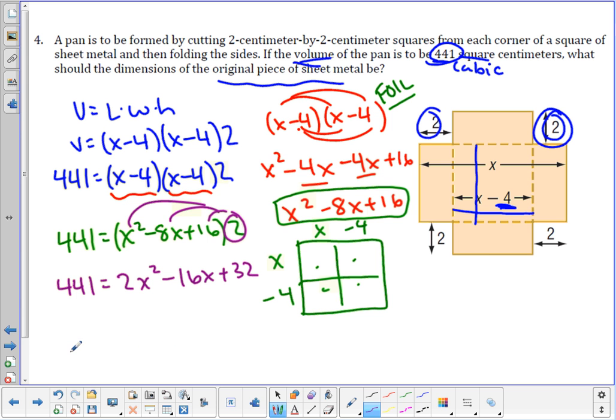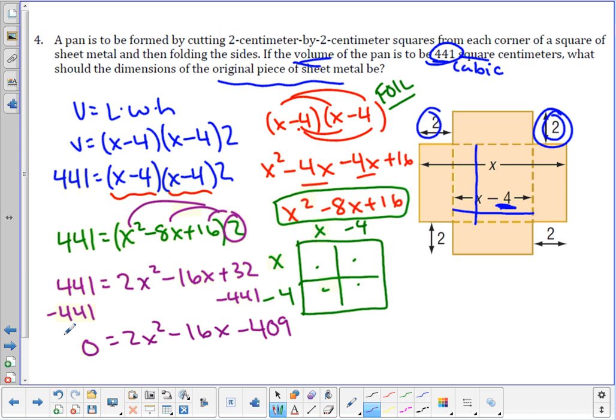Okay, I'm getting closer, but I cannot solve this until I set this equal to 0. So I have 0 is equal to 2x squared minus 16x, and then I do 32 minus 441, which gives me negative 409.